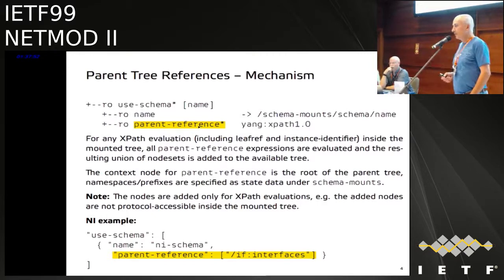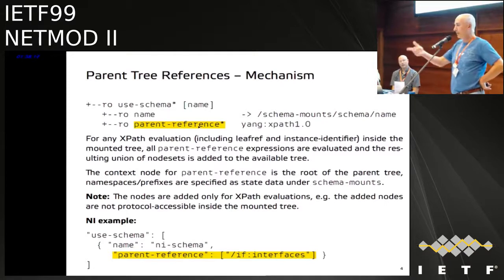It's actually a leaf-list containing one or more XPath expressions. And the idea is that as soon as we perform any XPath evaluation inside the mounted tree, which includes also leafref references and possibly instance identifiers, these parent reference expressions specific to that mount point are evaluated.